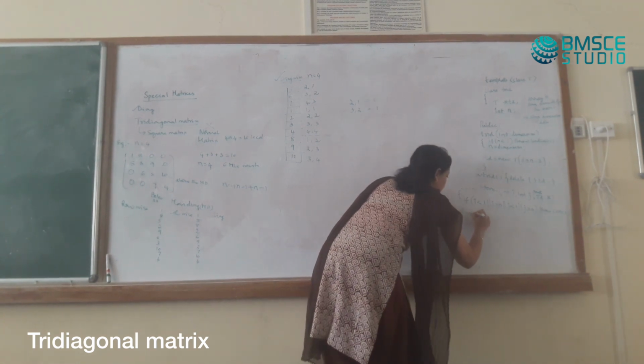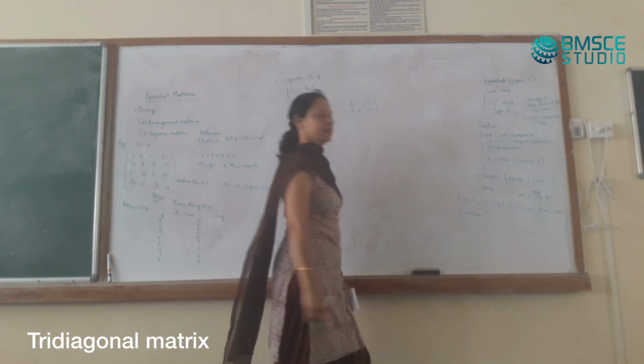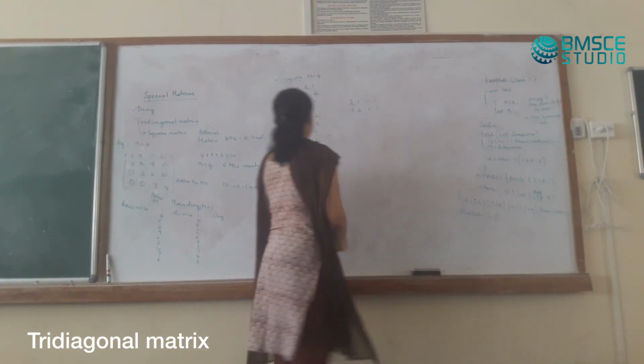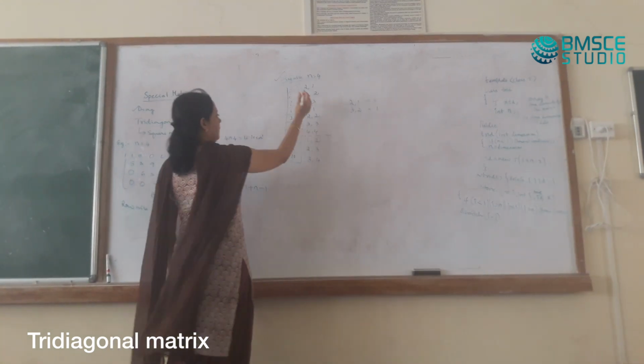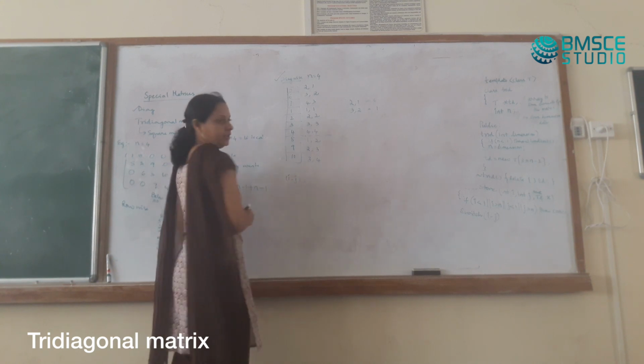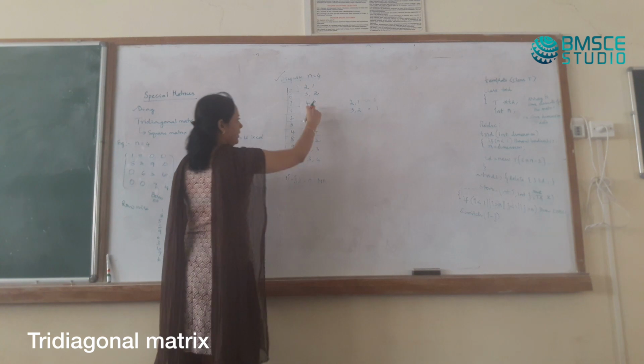We will do switch I minus j. Now look at I minus j. What are the conditions that you have? I minus j equal to 0 for main diagonal.